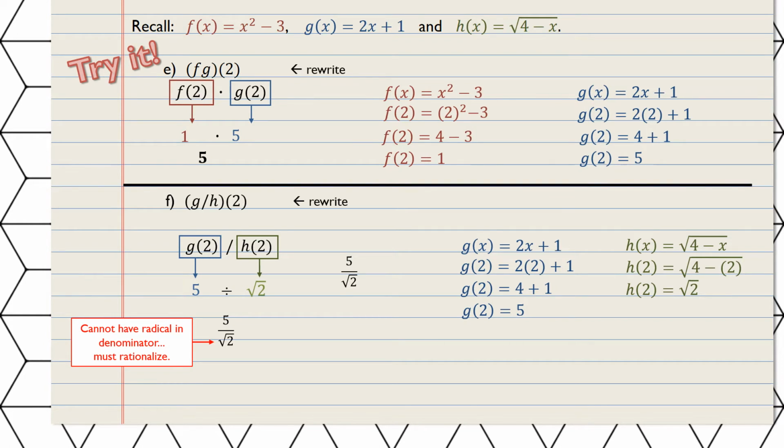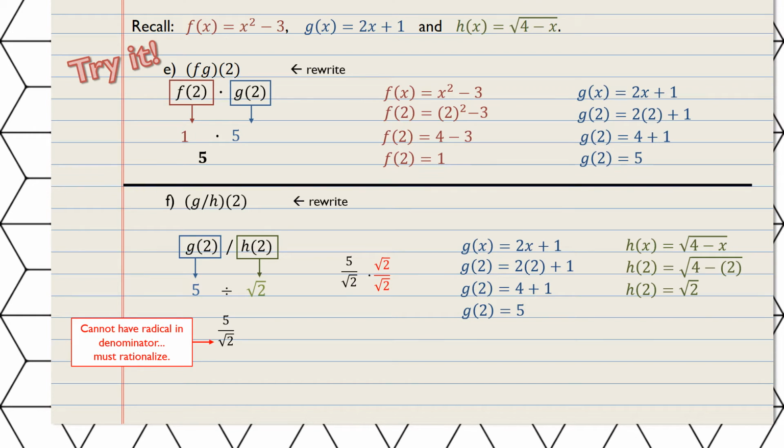To rationalize means I must complete the set under the radical. Well, in the radical, or the square root, I have a 2. Because it is a square root, it means I need a pair, or a set of two 2's. The only way to complete that is to multiply by another square root 2.